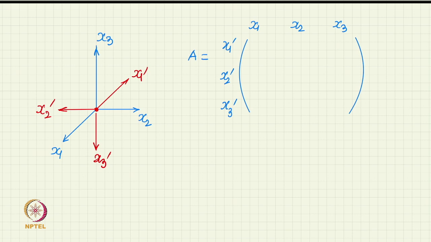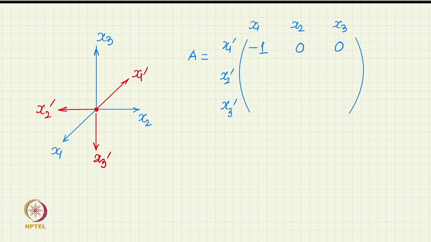So, if we choose x1 prime making 180 degrees with x1, cos 180 degrees is minus 1. So, I write minus 1 there. x1 prime is perpendicular to x2, cos 90 is 0, and x1 prime is perpendicular to x3, cos 90 is 0. So, that gives me the first row.